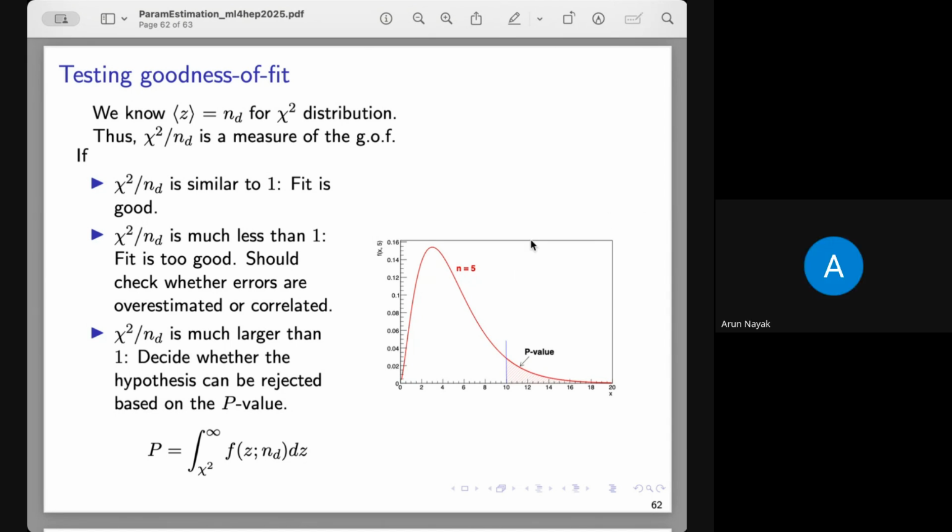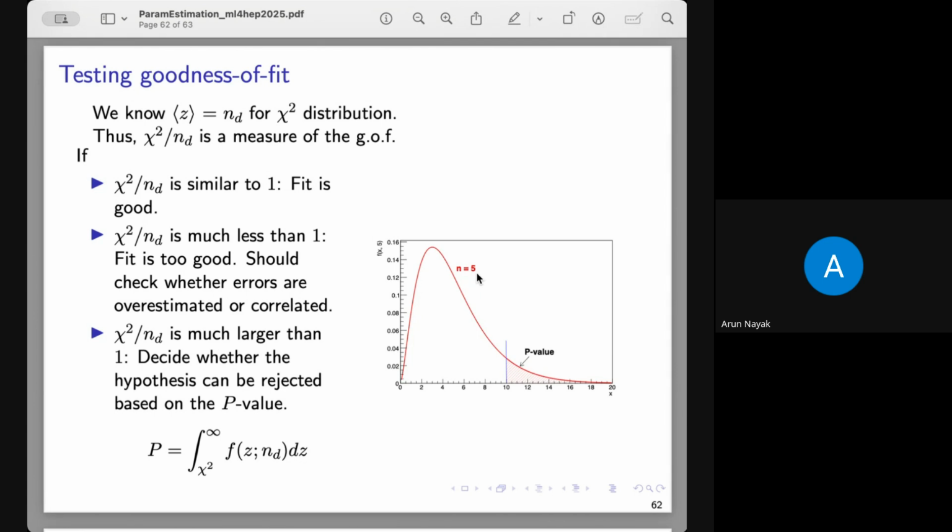So this is the case. But if you have 10, for example, here the number of degrees of freedom is n equal to 5, so the mean for this distribution would be 5. The variance of the chi-square distribution is 2n, two times the number of degrees of freedom, so the variance is 10.